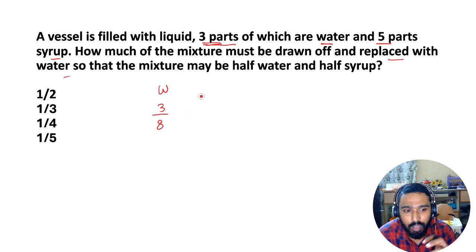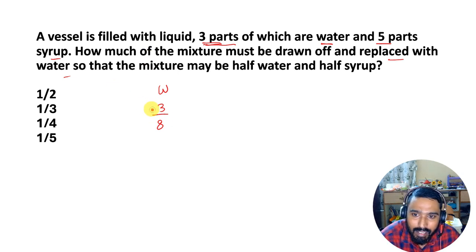When you remove some mixture, the ratio of water and syrup will still be 3:5, because the mixture will also come out in the same proportion. How much ever you are removing, the ratio between the water and syrup will be the same. Now some part of it you removed and then you are adding pure water.